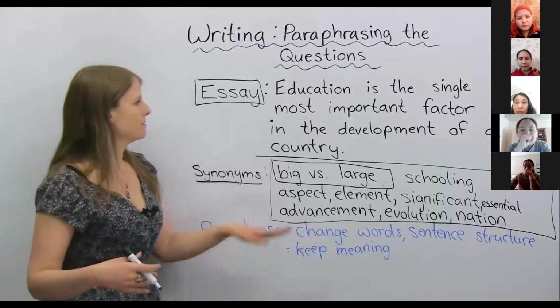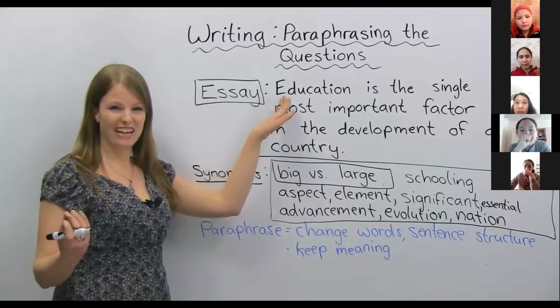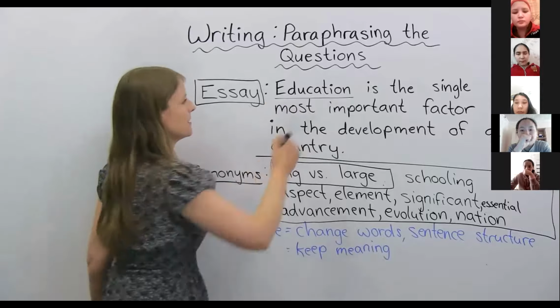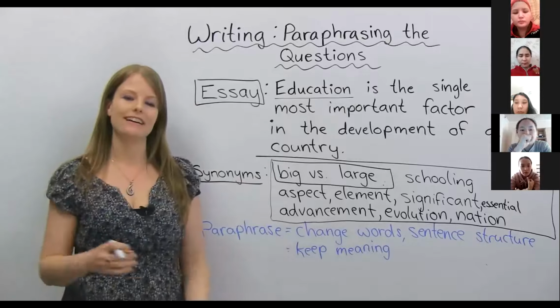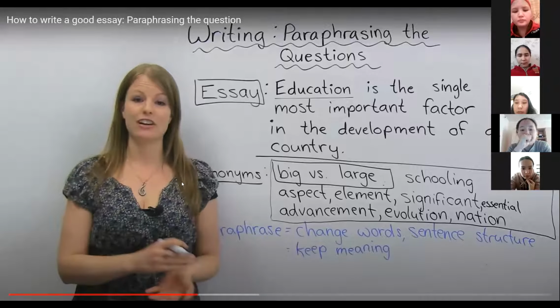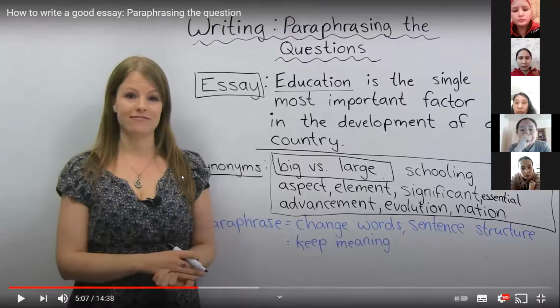So let's look at an example. Our first word here is education. What's another word we can use instead of education? Okay, now try to give us a synonym of this word. Schooling. Knowledge. Schooling? Schooling.